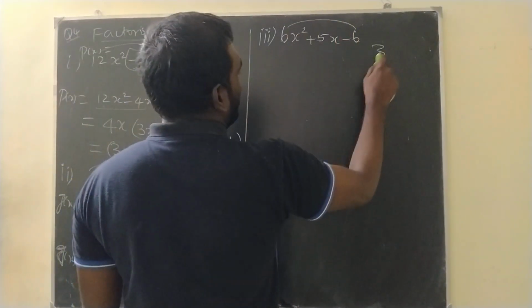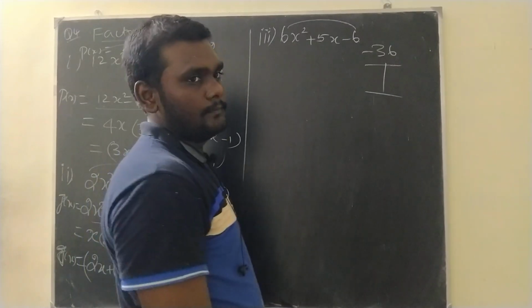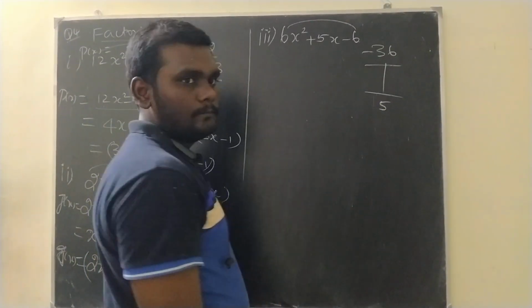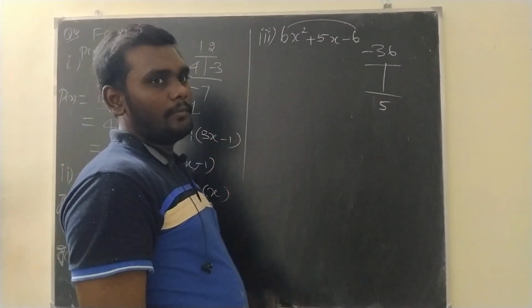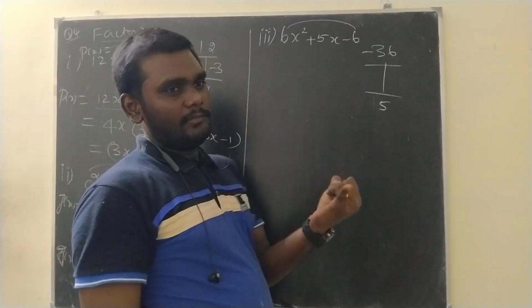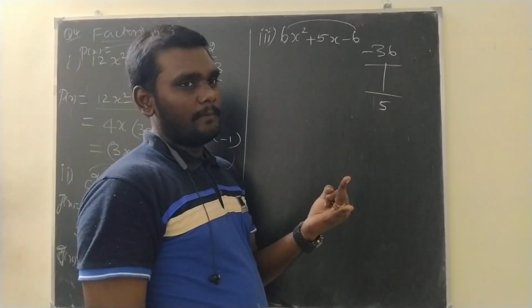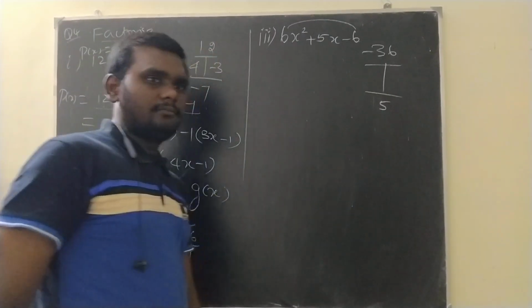6 6s are 36, but minus 36 because here minus 6 is there. By addition, we should get 5. Then 36 plus 5. Only 6 6s we have, or else 12 3s we can say. But we are not getting 5 here.